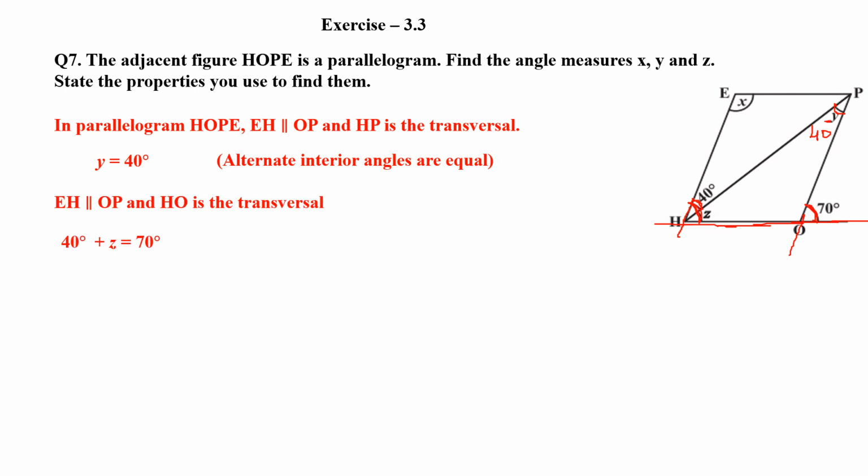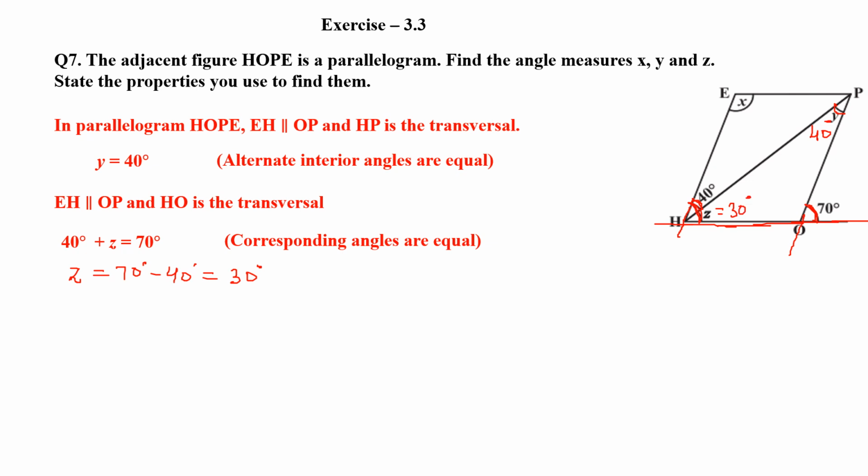So 40 plus z will become equal to 70 degree. The reason is corresponding angles are equal. Now the value of z will be equal to 70 degree minus 40 degree, and the value we will get is 30 degree. Clear? So I got the value of y as 40, and the value of z as 30 degree.